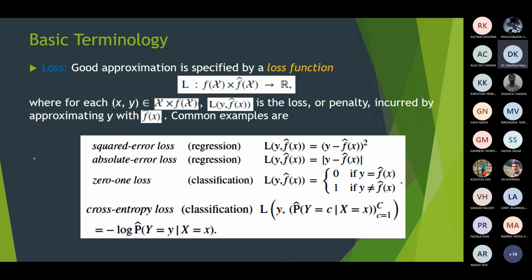Now if the loss function is denoted by capital L, then this function can be defined over the range f of x, which is approximated by the new function f cap of x. So f cap of x is nothing but the approximate function of the original function f of x.